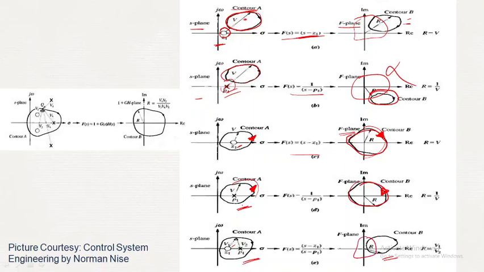Fine. And here you can see that you have got two zeros and one pole. So this is the type of example that I was discussing earlier.